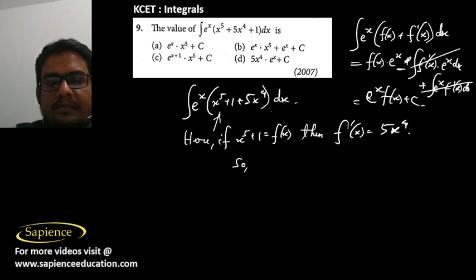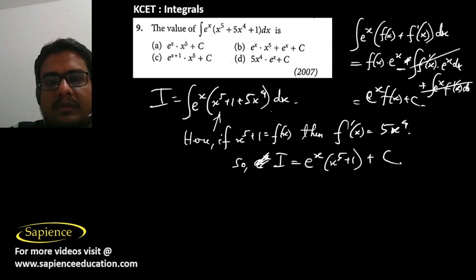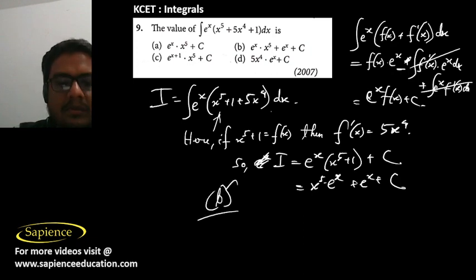So it means that this integral I we can write as e power x into f of x, which is x power 5 plus 1, plus c. So this is x power 5 into e power x plus e power x plus c, which is option B. So option B is the correct answer.